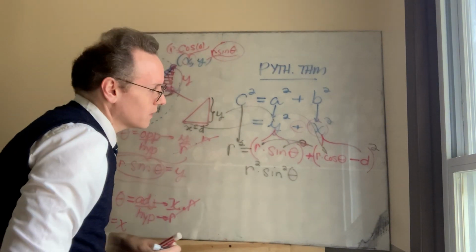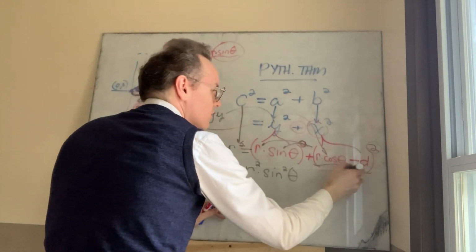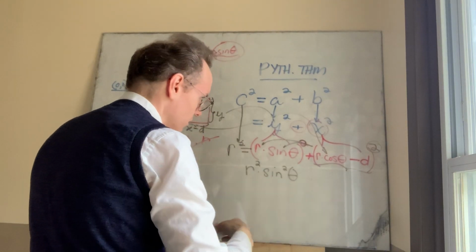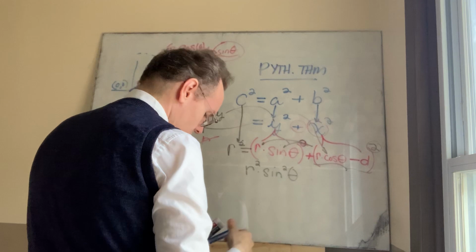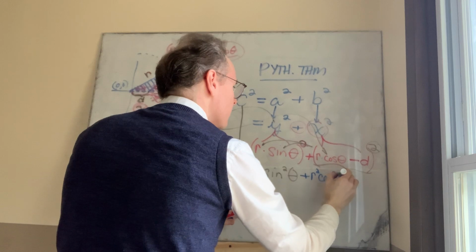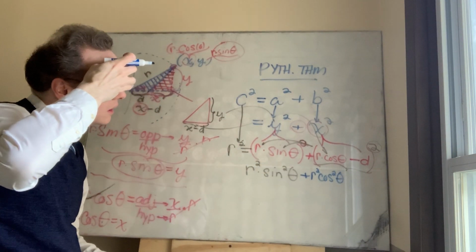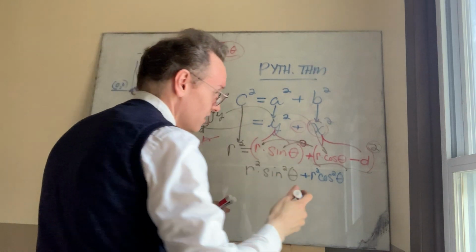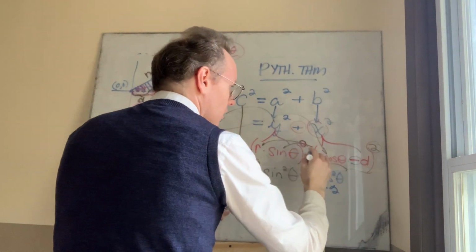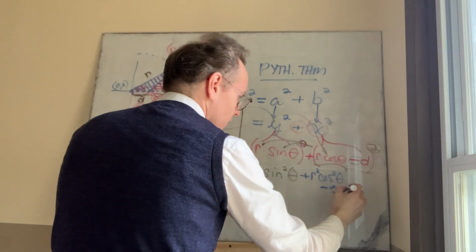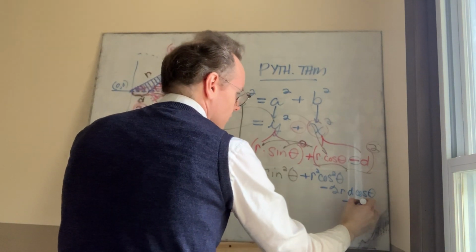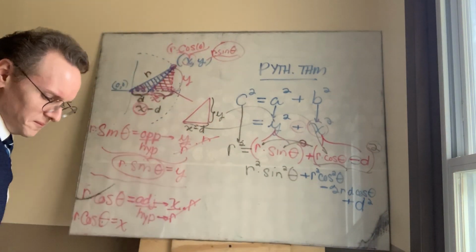You'd have a big mess. The result of squaring this would be the first term squared, which I might write in blue to make it distinct: R squared cosine squared of theta. And then the middle would be twice the outsides, so if it's minus, it would be minus 2RD cosine of theta. And then it would be plus D squared on the edge.